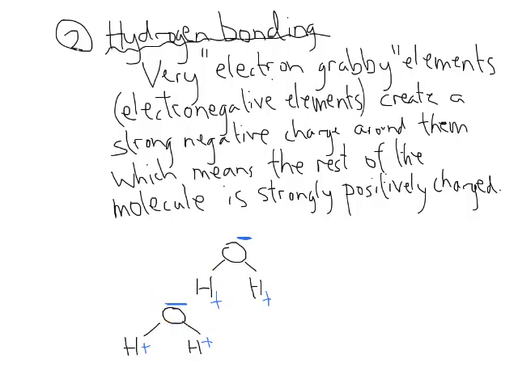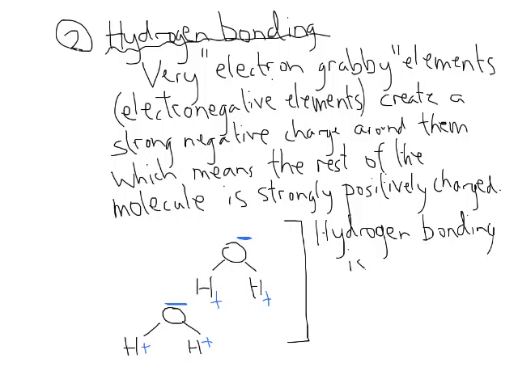And generally speaking, hydrogen bonding is mainly confined to oxygen and fluorine. They're the really grabby ones, which explains why these particular compounds have different boiling points from the other ones, because there's more force between the molecules.